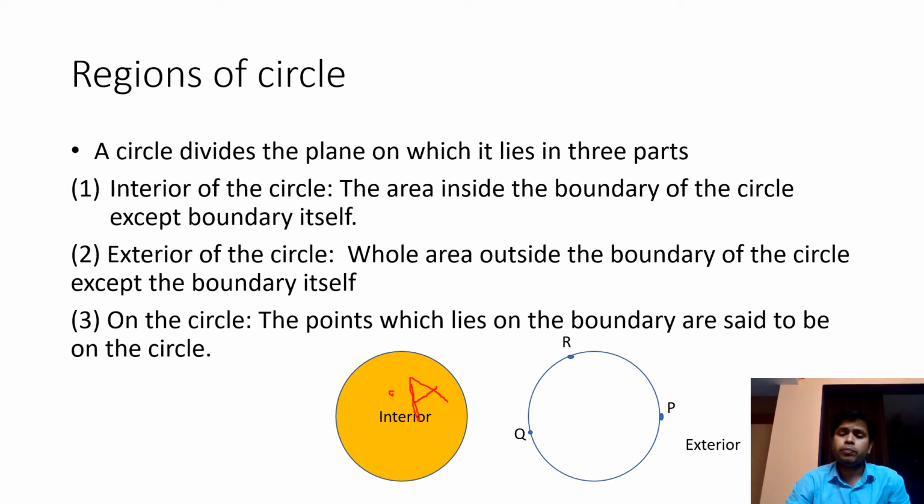Also, how to denote a circle? We require at least 3 points for recognizing a particular circle. In this case, we have Q, R, P. These points can be anywhere on the circle. In this way, we can say that Q, R, P is a circle. Right? So for this lecture, that's it.